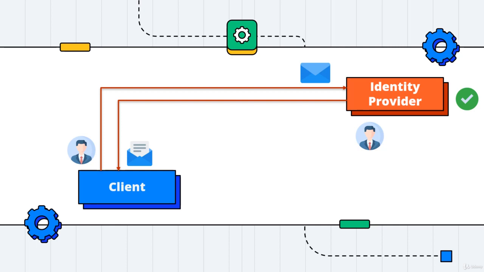Such an identity token can be seen as a token that contains a user's verifiable identity. When the client application receives that identity token, it validates it. If the validation checks out, the client application now has proof of identity.